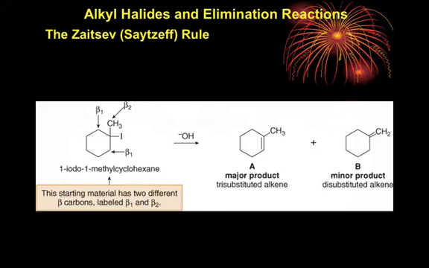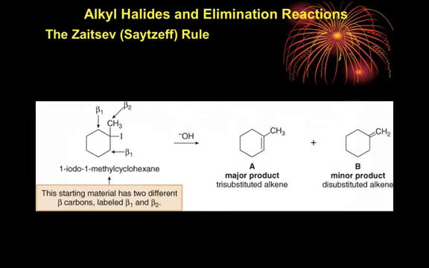How many hydrogens collectively do I have on the beta 1 carbons? 4. There's 2 on each carbon, but a total of 4, right? And how many on that methyl group? 3. So if we're just playing statistics, what are the chances of abstracting from beta 1 over beta 2? It's 4 to 3, right?